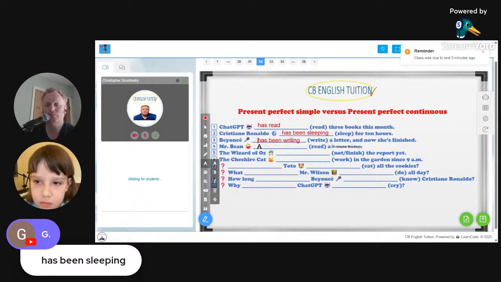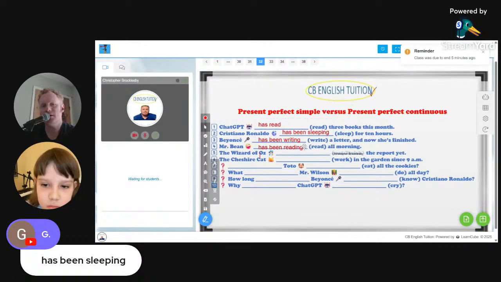Continuous, yeah, because it's continuous and it goes up to now. Or no, sorry, unfinished time. Has been reading all morning. And we're not thinking about the result, we're thinking about the activity.